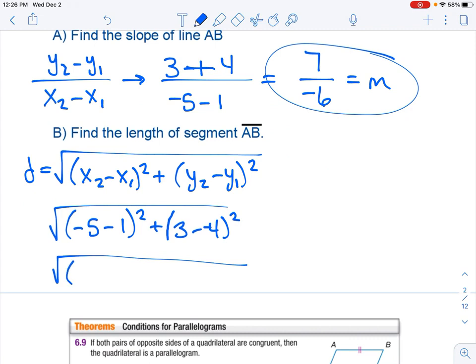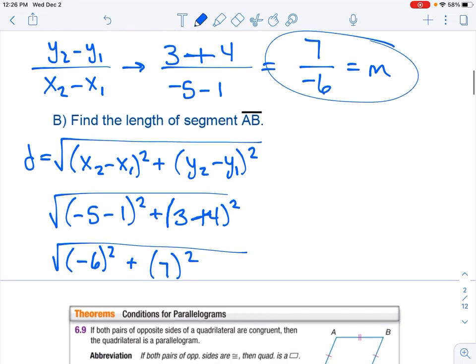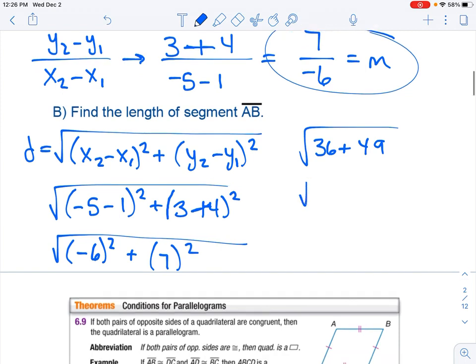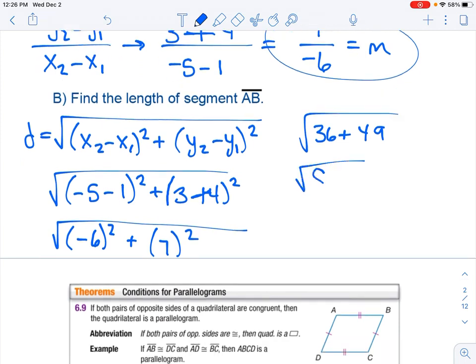Simplify your parentheses and then take the square root. So we end up getting negative 6 squared, which is 36, plus 49. So that is the square root of 85, which is approximately equal to 9.21, I believe.